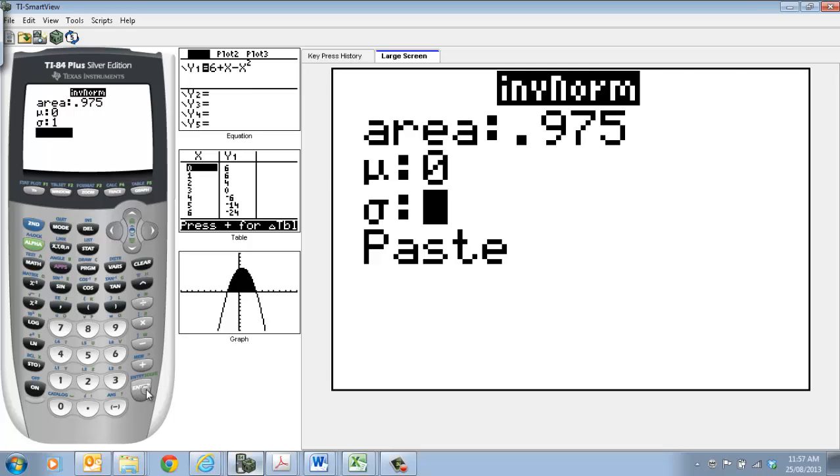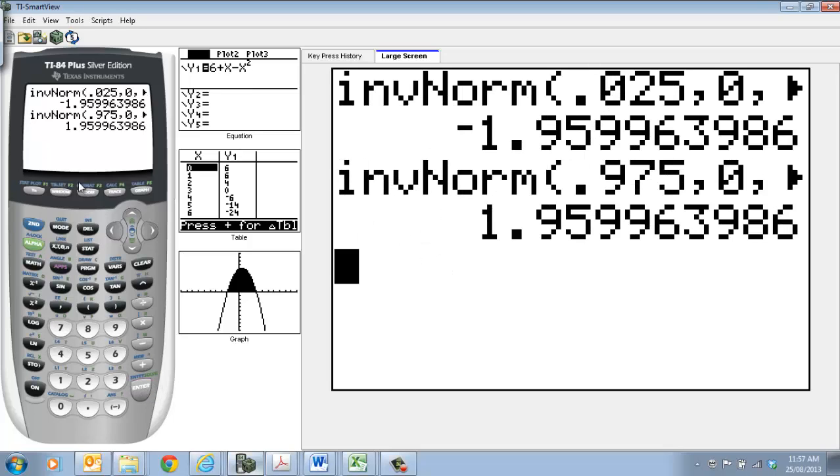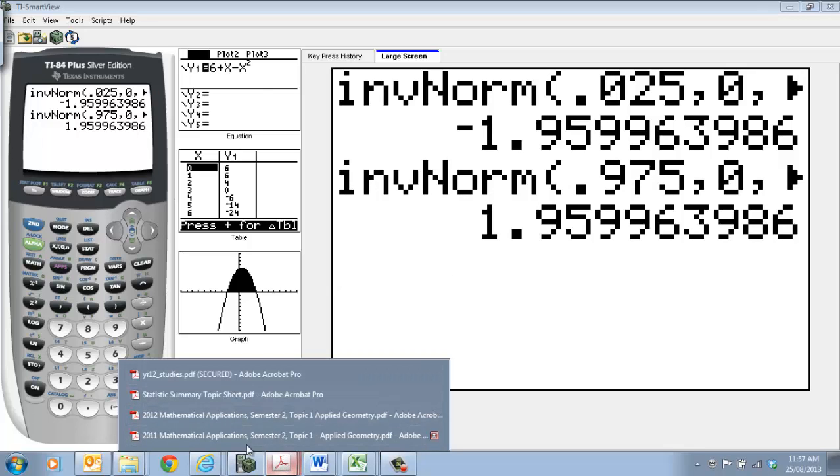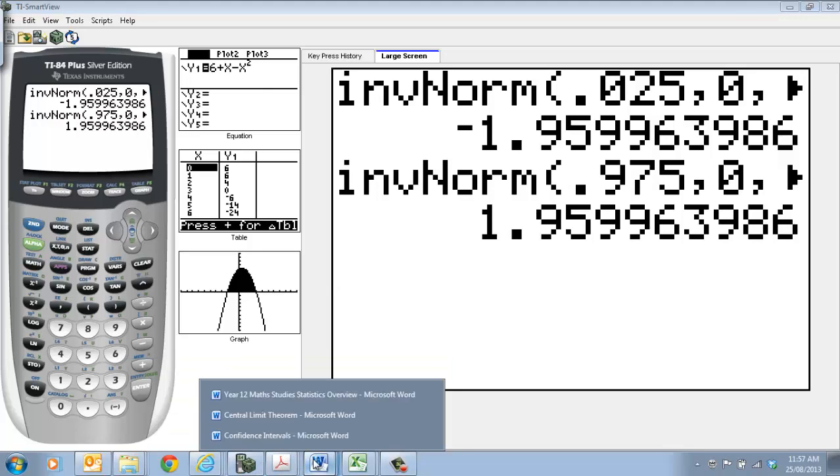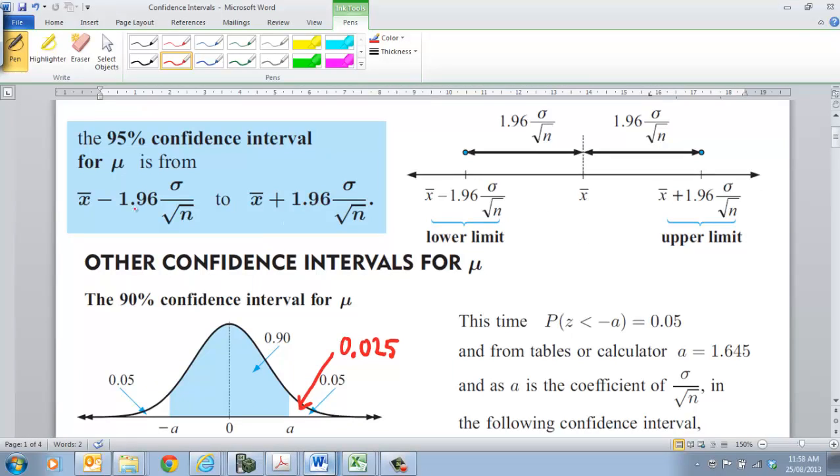And do that and I should get positive 1.96. So that's why, when we come to looking at our confidence intervals, that's why it's minus 1.96 and plus 1.96.